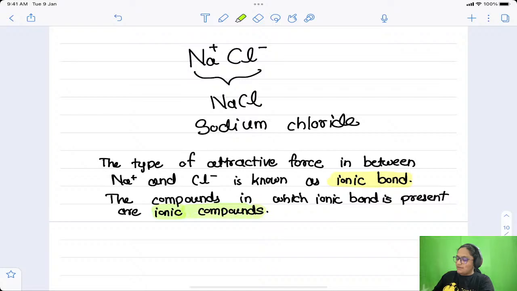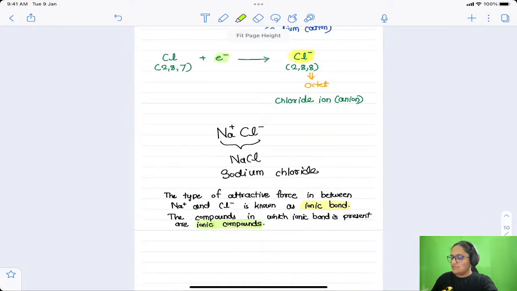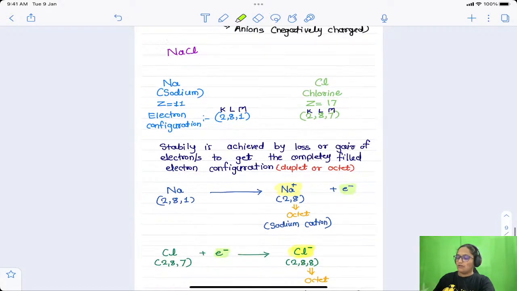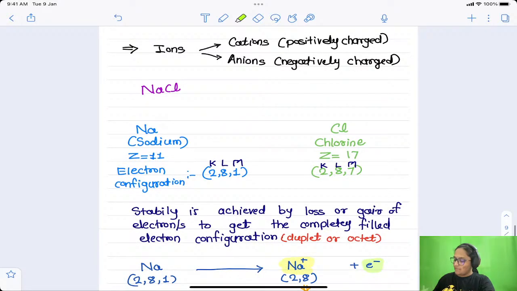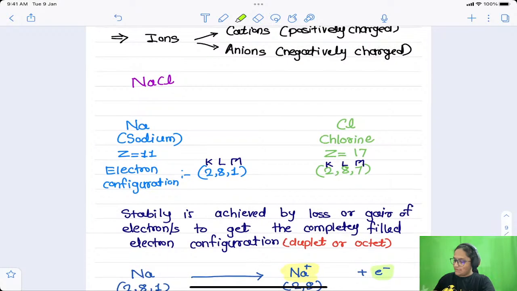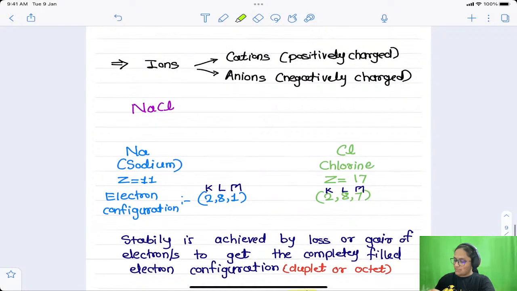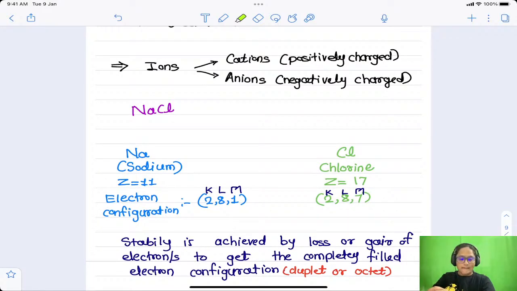So this is about the ions, right? The atoms, when they donate or accept the electron, they are getting converted into ions. So just take a screenshot of these pages. First of all, take for this.